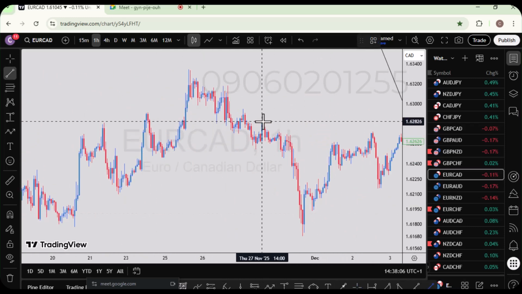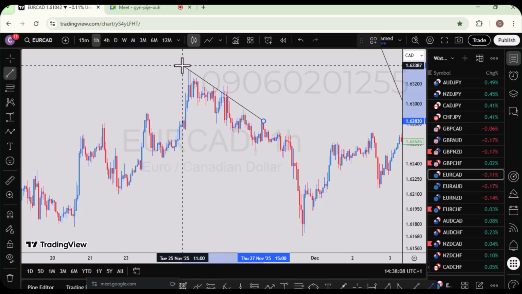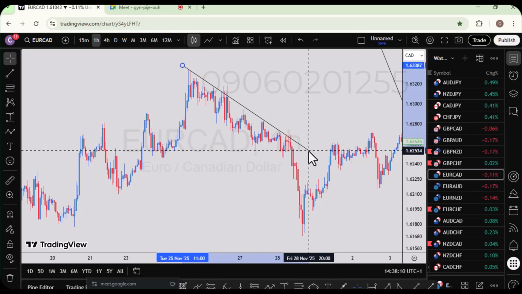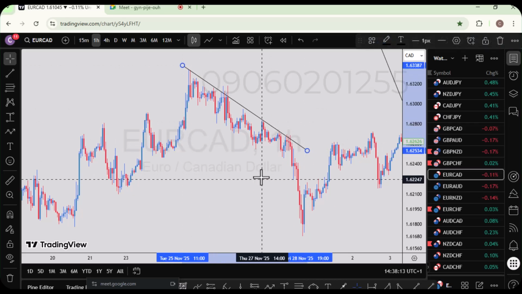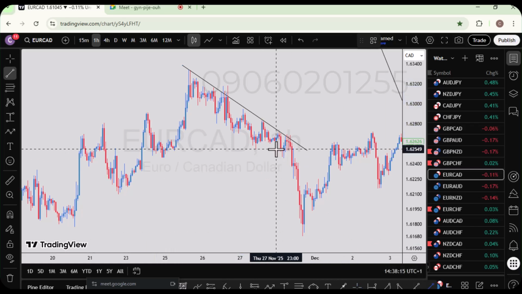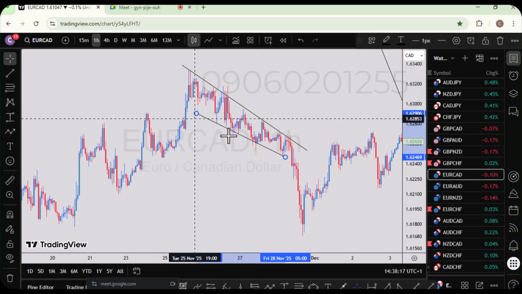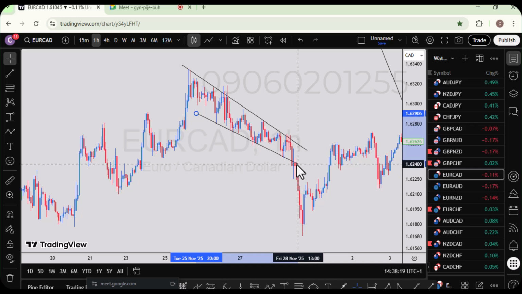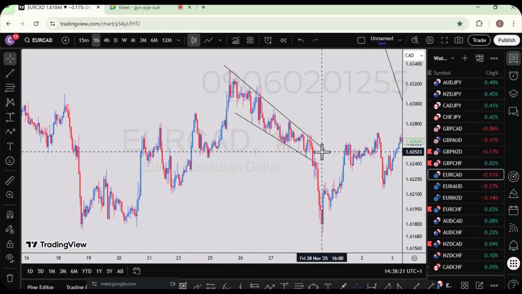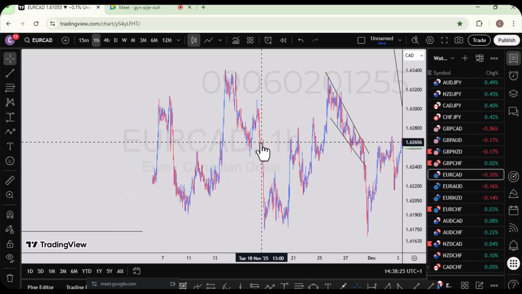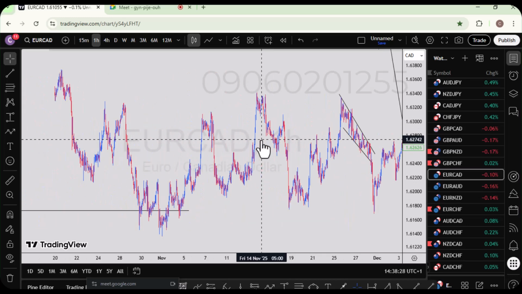From this level, we fire it all the way back like this. This is still like a falling wedge. It's like a triangle sloping its nose downward. So we cannot use that one.